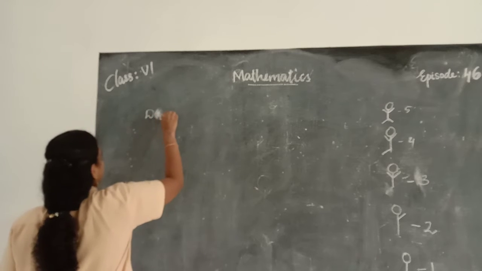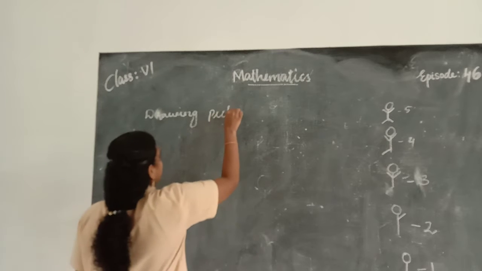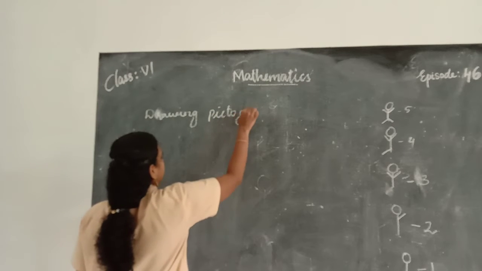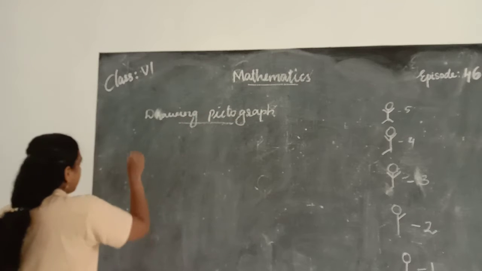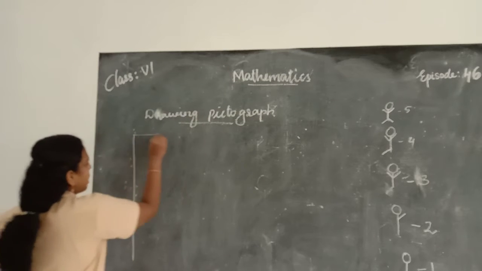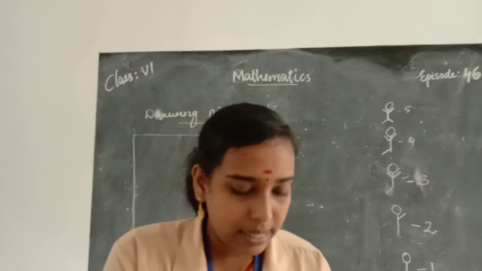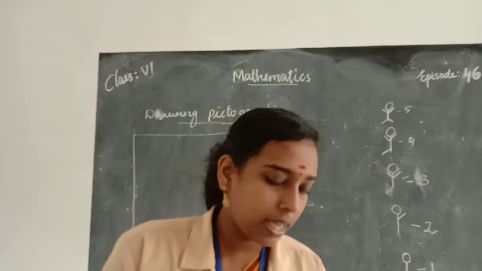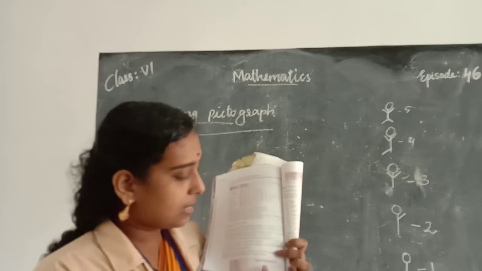So for drawing the pictograph, first you draw the 2 columns, days and number of students present. Here the columns are given, days and number of students, and here the numbers are given.